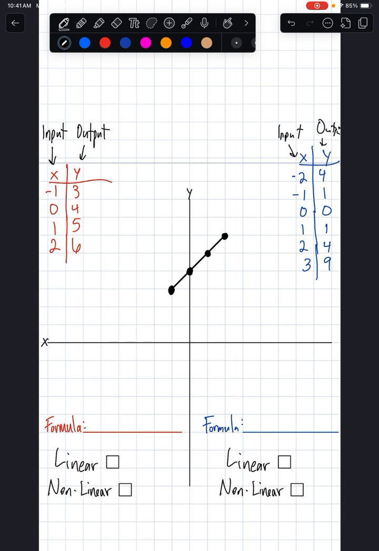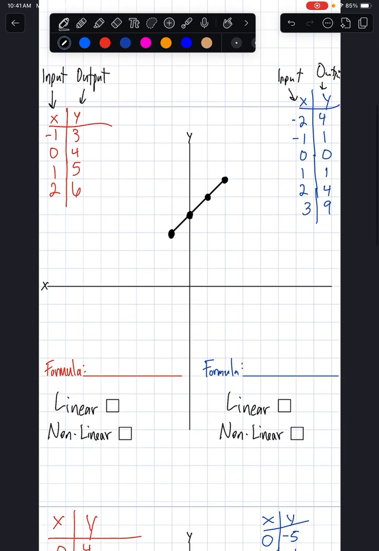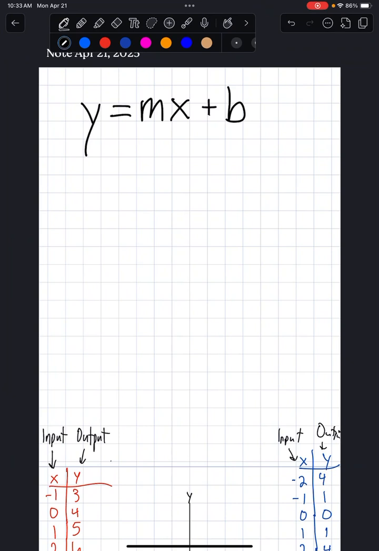And what we're going to do is write an equation for this. So the first thing we write when we're writing a formula in slope form is y equals. We still need to write our mx plus b.